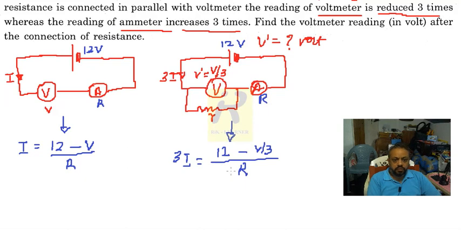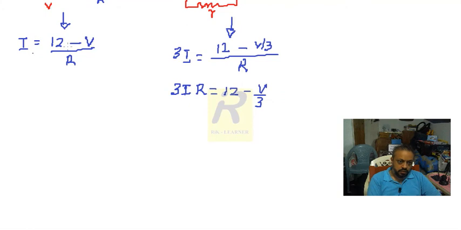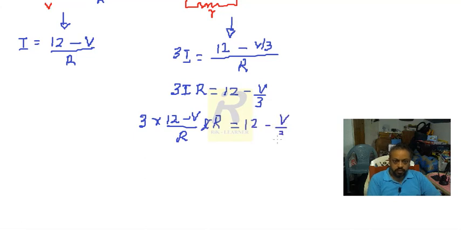So, I can write 3I into R is equal to 12 minus V divided by 3. I is already written as 12 minus V divided by R. Substituting, 3 into 12 minus V divided by R multiplied by R equals 12 minus V divided by 3.